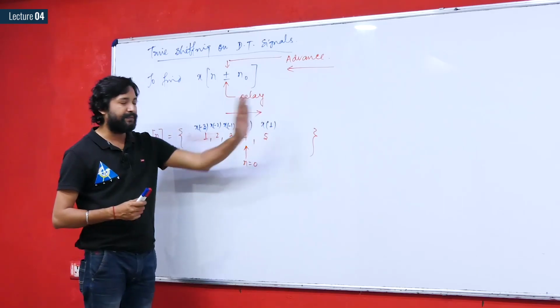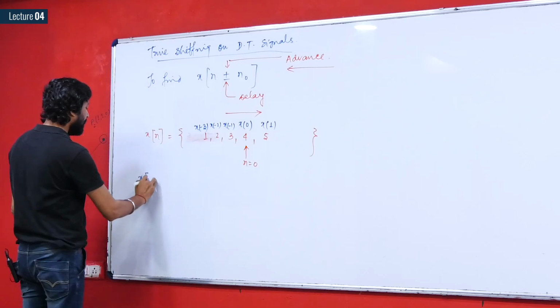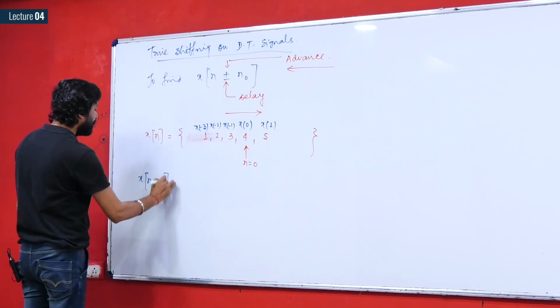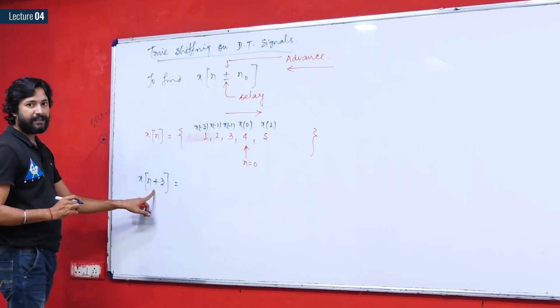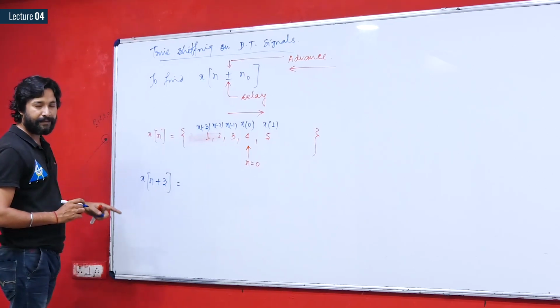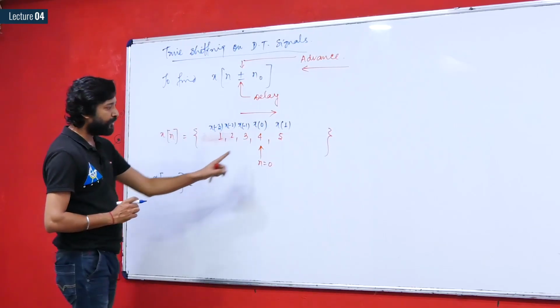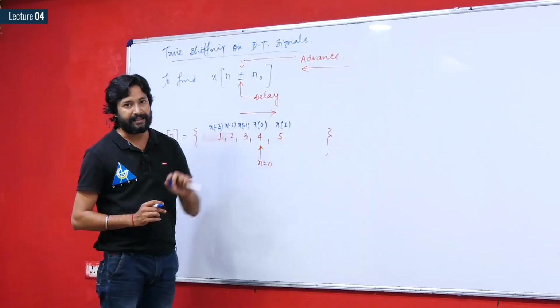Like if we have to find x of n plus 3, then what does it mean? Due to this positive sign we must shift the signal towards the left hand side, and if you shift the signal towards the left hand side, it means the origin will be shifting towards the right hand side.